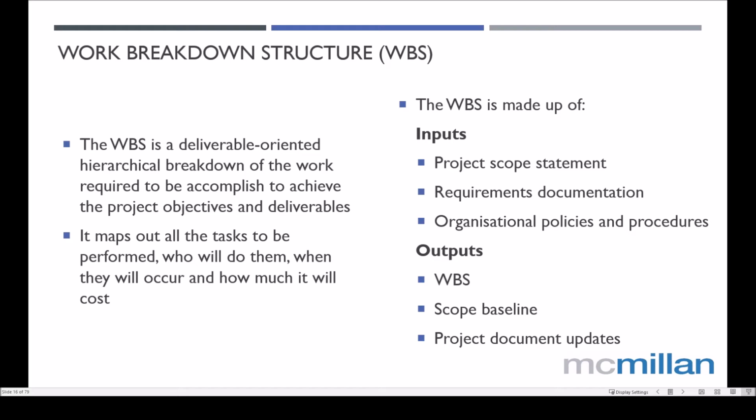The outputs that you get from the work breakdown structure are things such as the WBS itself, the baseline for your planning process, and then any documentation updates that need to occur from that. So for example, not only things like Gantt charts, but also rosters or schedules of timing, or delivery dates for execution of particular contractual arrangements and so forth.